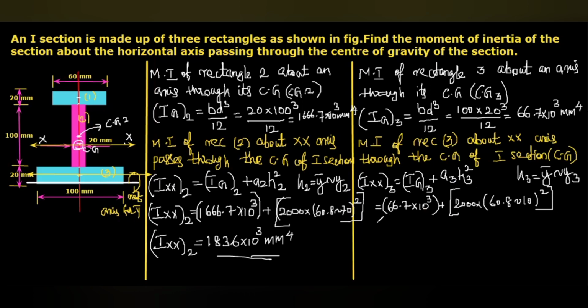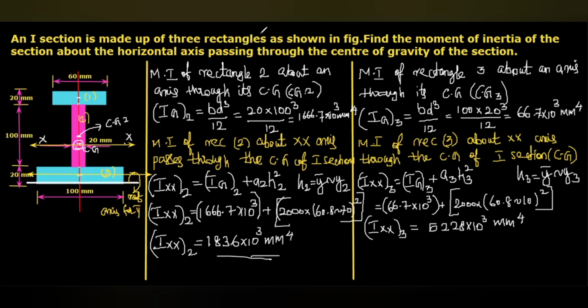Then by the simplification, Ixx3 equals 5228 multiplied with 10 power 3 mm power 4.